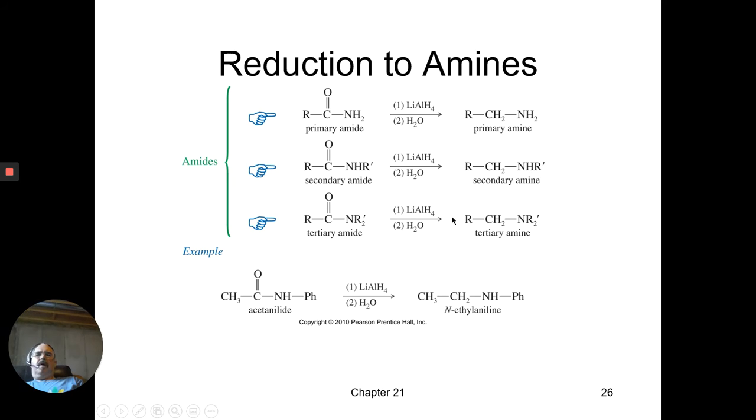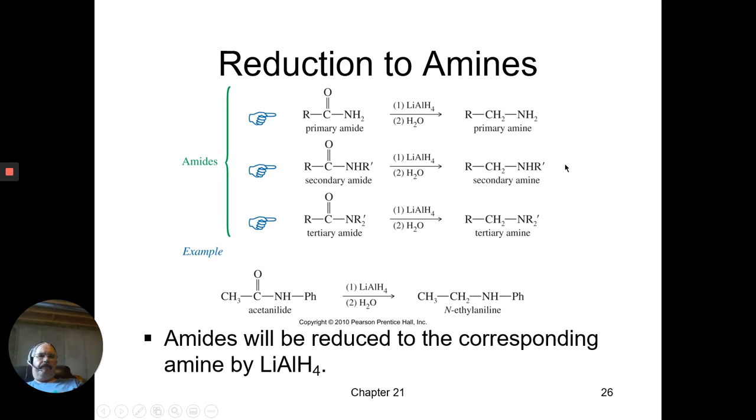Lithium aluminum hydride will reduce primary, secondary, and tertiary amides to the corresponding amines. Okay, notice that unlike with the esters, there's no alcohol group present. There's no oxygen. The oxygen ends up binding to the aluminum.